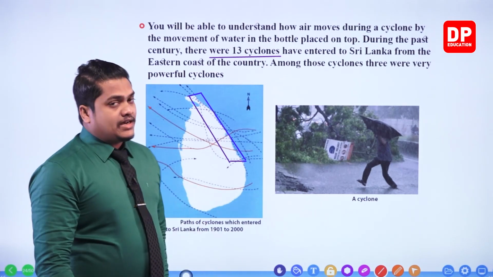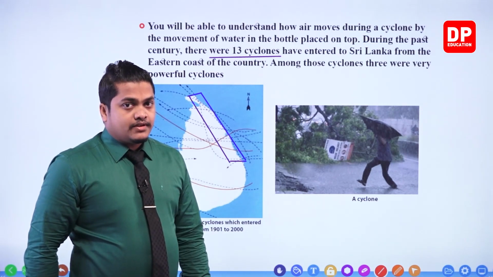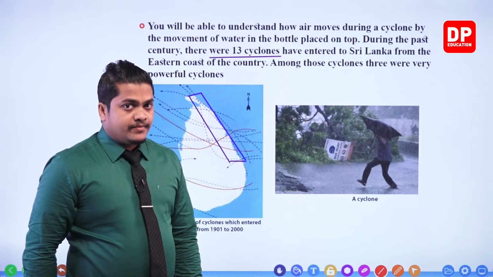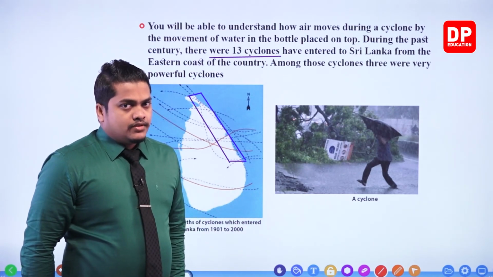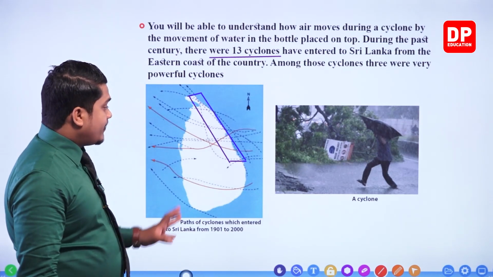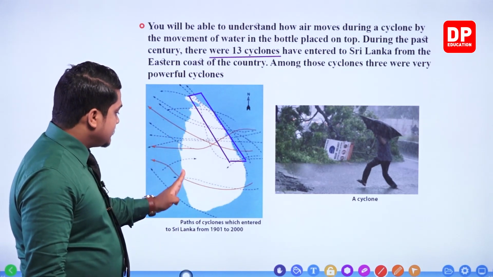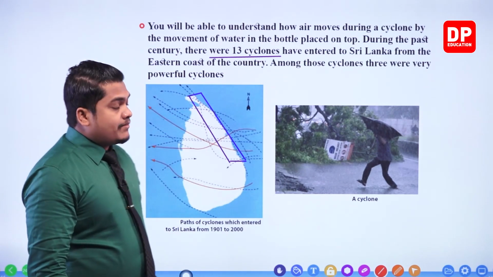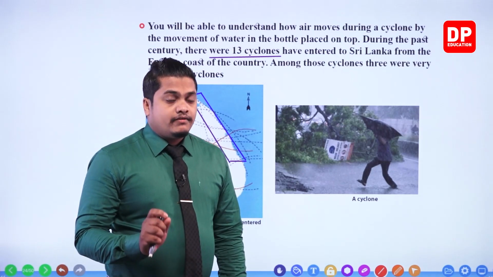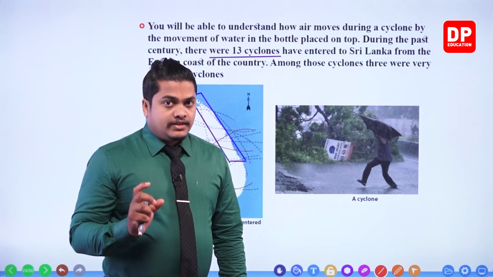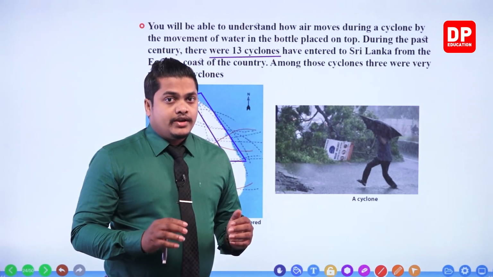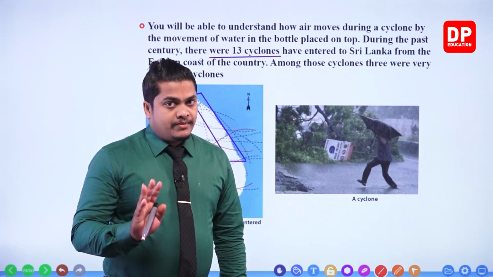Within these areas, you can identify several districts. So I'm going to write down 3 of those, and you go ahead with the other places like this. My dear children, I hope that you will find the other districts which cyclones hit the most. Okay, so I'll mention 3.